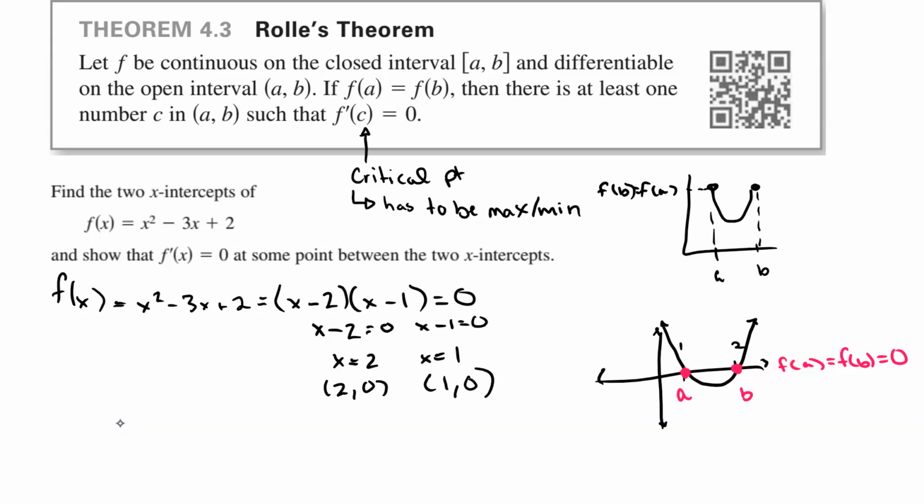So now we're ready to figure out, okay, where's that turning point? That's going to happen when our derivative, which in this case would be 2x minus 3, equals 0. Because our slope at a turning point, a maximum or a minimum, is 0. So when we solve that, we'll get x equals 3/2. We can substitute that back into our original equation to get our y value.